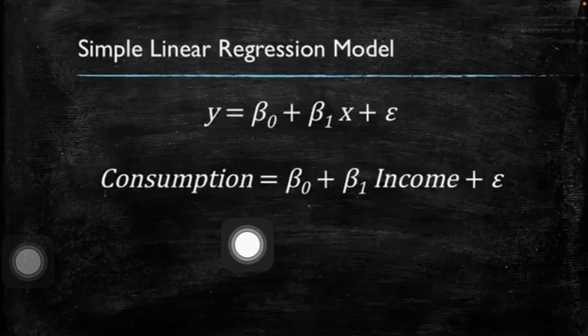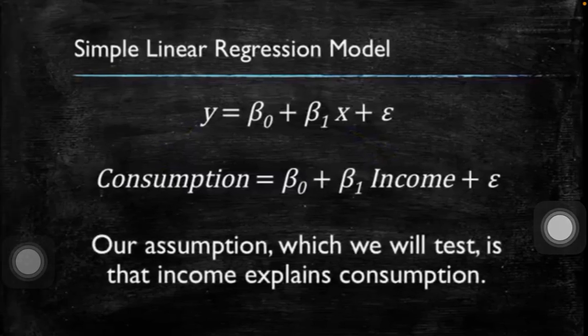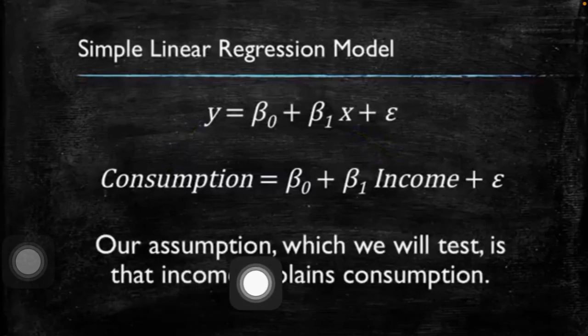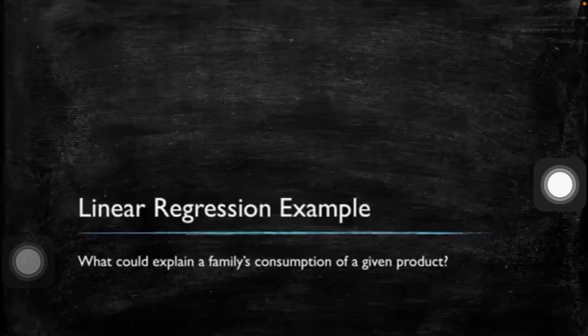That means how the consumption depends upon the income, or how the income fulfills the consumption, or whether the consumption is more than the income. All this information I explained from this simple linear regression model. So here we will test whether income explains the consumption. These are the things that we discussed. This is the simple linear regression model.